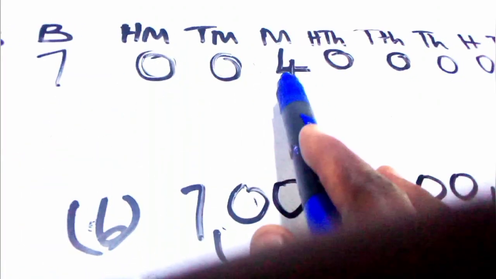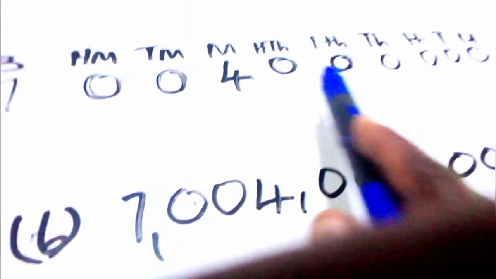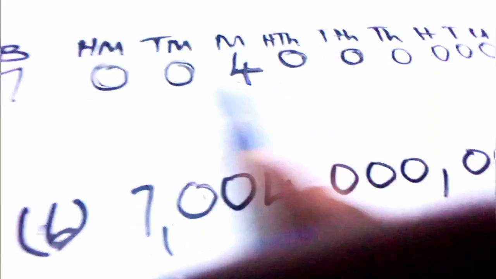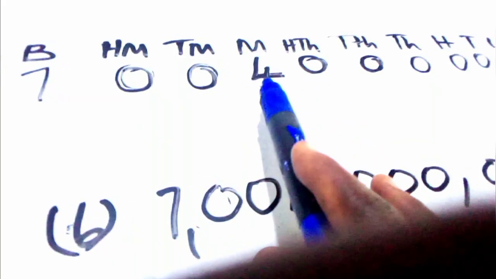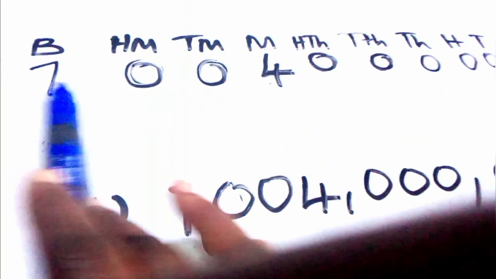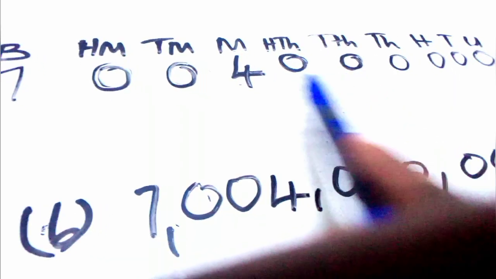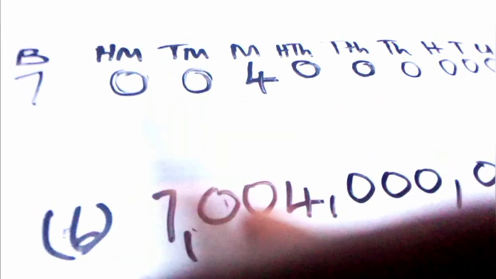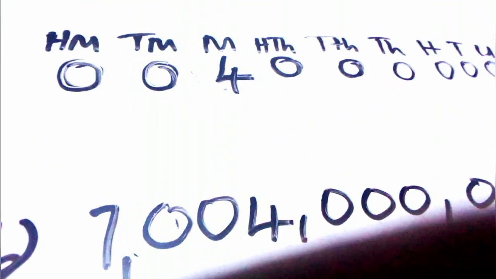And we have 4 million. No value in other digits. We have only value and figure in 7 billion and in million. So the answer is 7 billion and 4 million. That's the answer. Let's take a look at this final one.